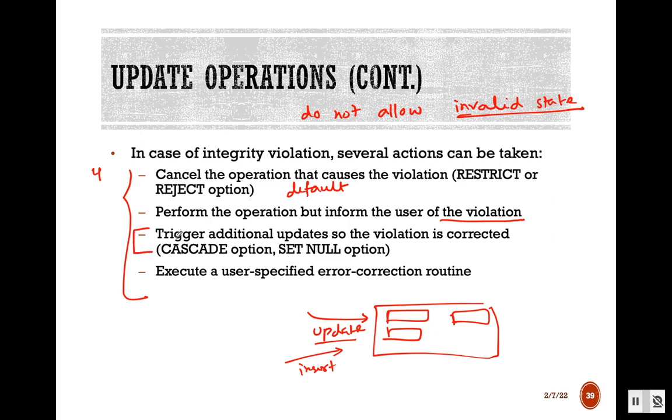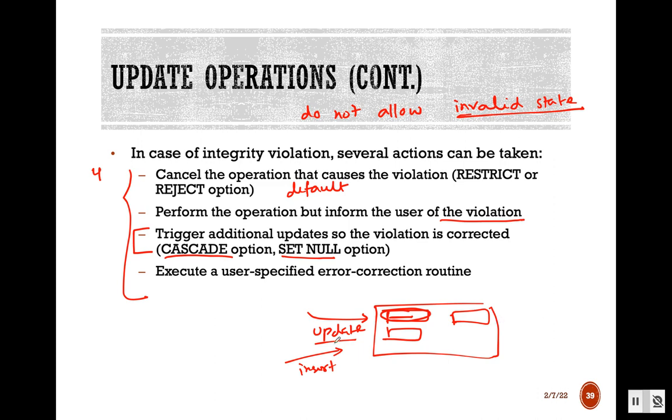Another option is to trigger an additional update so that the violation is corrected. We will see a couple of examples for that. There are two options, the cascade option and the set null option. It means you are trying to insert a record that will violate a constraint. You allow this violation, but at the same time the database automatically triggers some additional updates so that the violation is corrected.